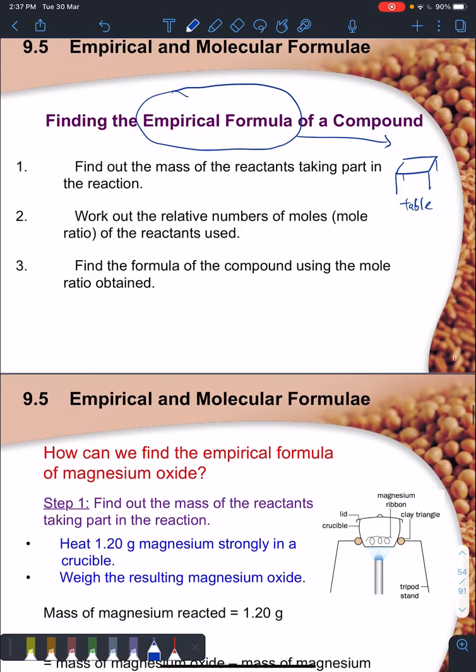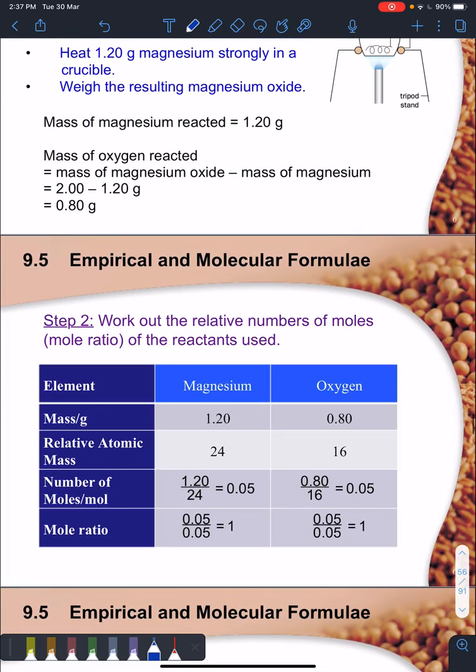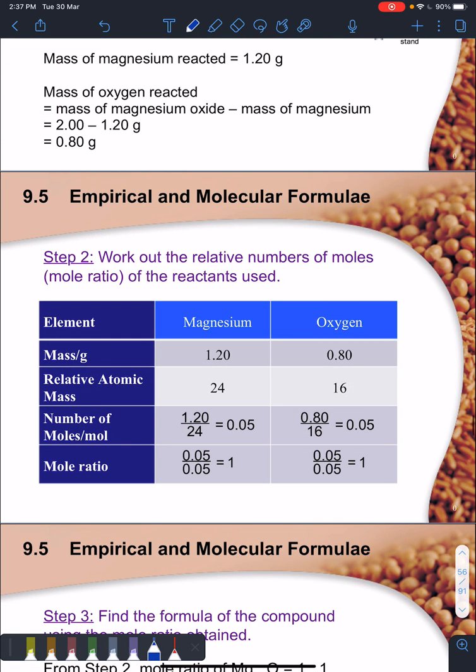So I'll show you what the table looks like. Don't panic in the sense that you don't know what exactly you should write down. You are given mass. Let's just write mass. This can also sometimes be percentage by mass. They mean the same thing.